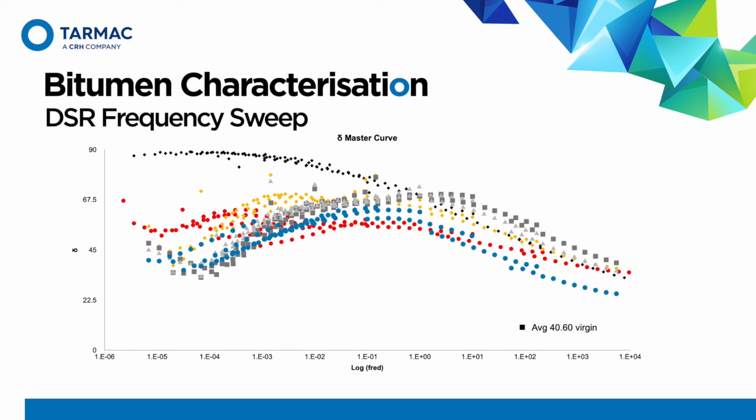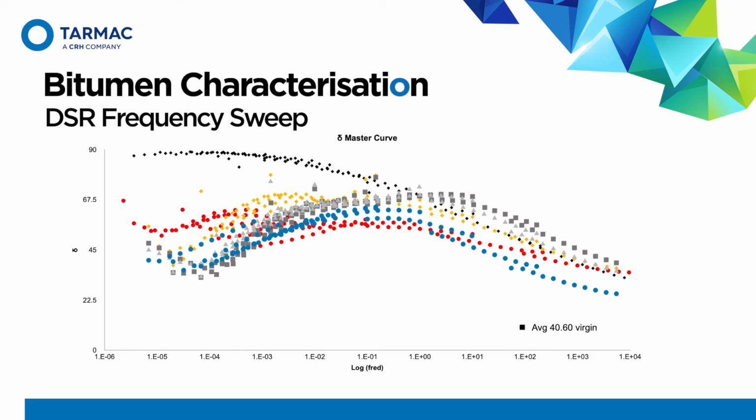Moving on, the second parameter or result that can be obtained from the DSR is the phase angle, which is an indication of how elastic the material is. A lower phase angle value is always required.